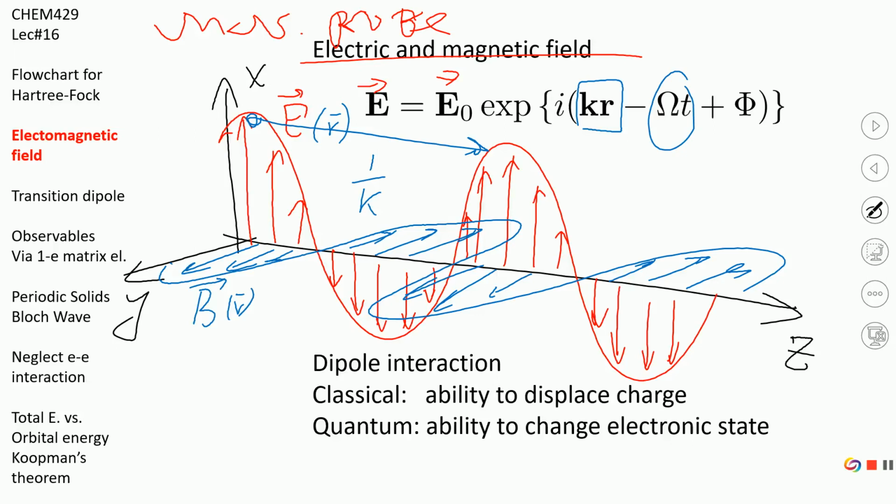If you were practicing signal processing and Fourier transform, you will become a fan of exponentials. And in this course, we also have. So an exponential, and then in the argument, there are both a spatial part and a time part.